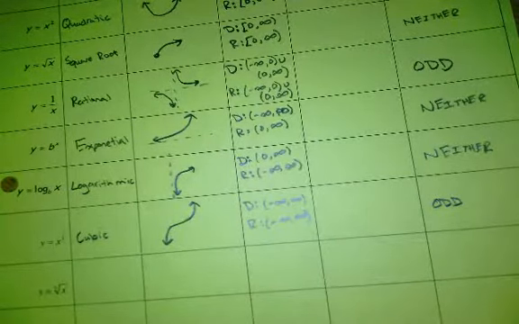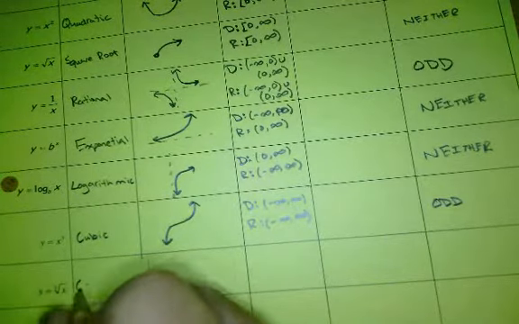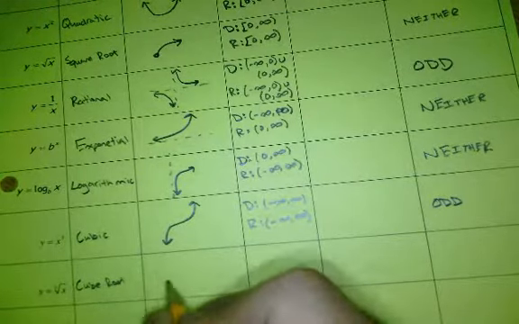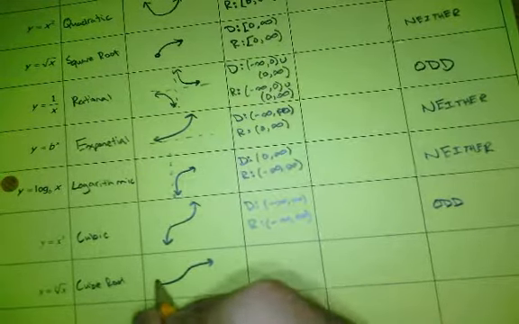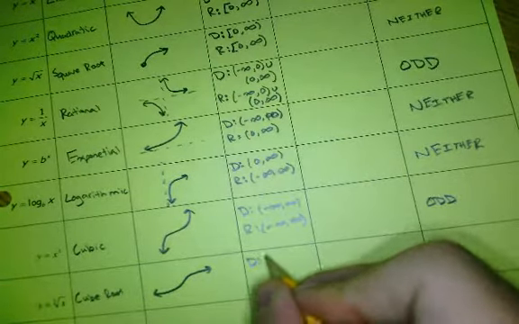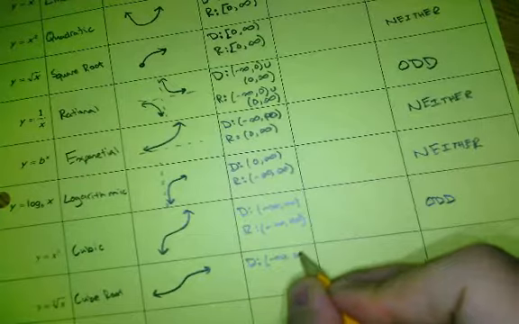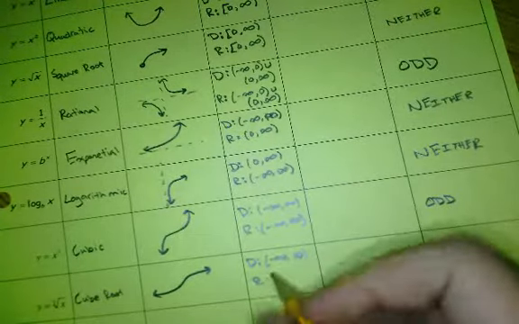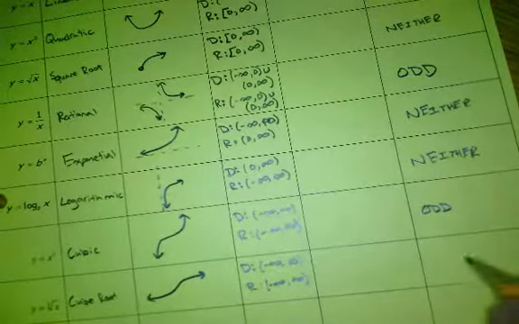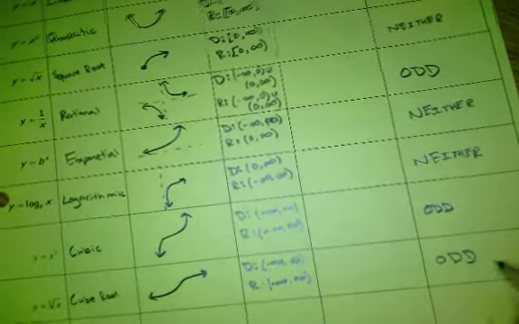This one is just a cube root. It's just like the cubic, just inverses, so flip the domain and range, which happens to be everything. And this is also odd.